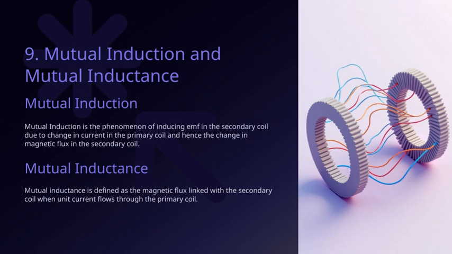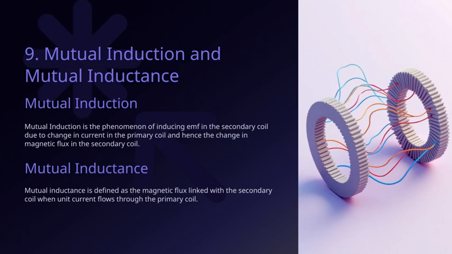This change in current causes a change in magnetic flux in the secondary coil, which is the core idea behind mutual induction. So, when we talk about mutual induction, we're really describing how a varying current in one coil can influence another nearby coil through their magnetic fields. This concept is fundamental in understanding how transformers work and many other electrical devices.